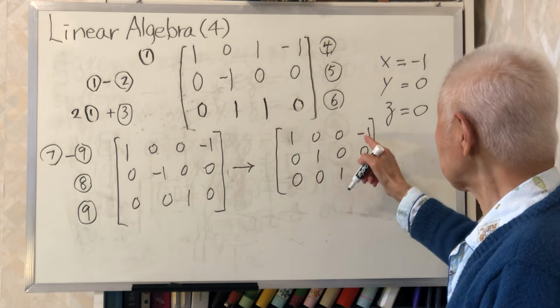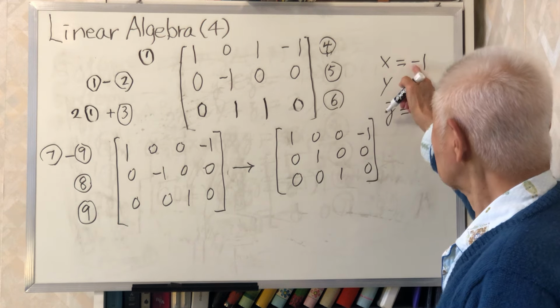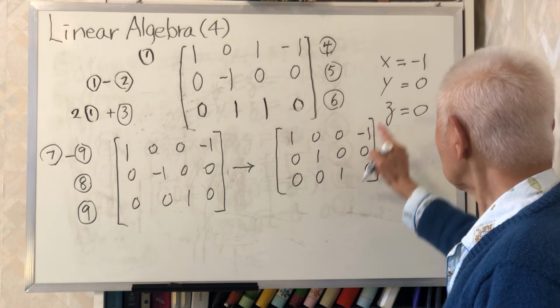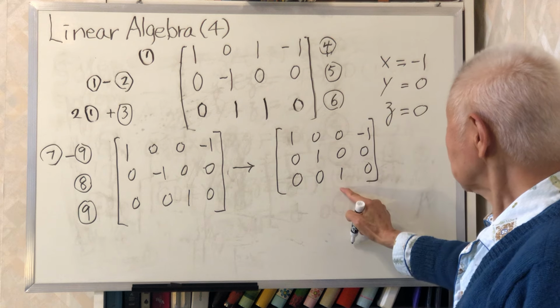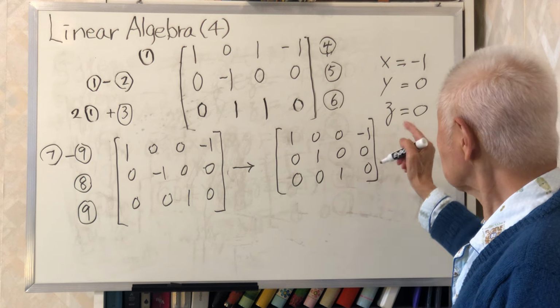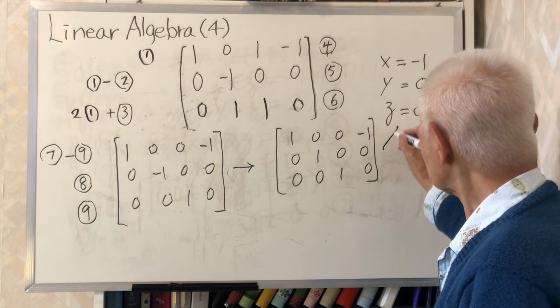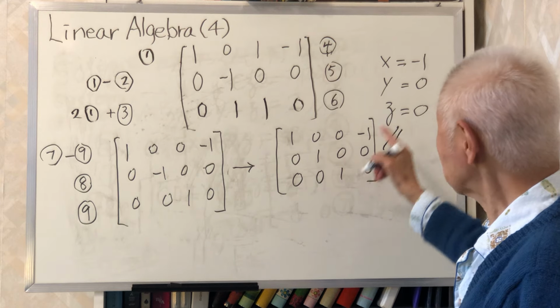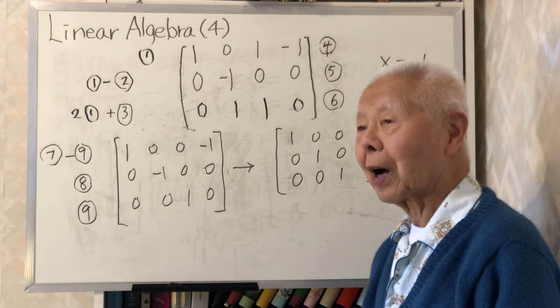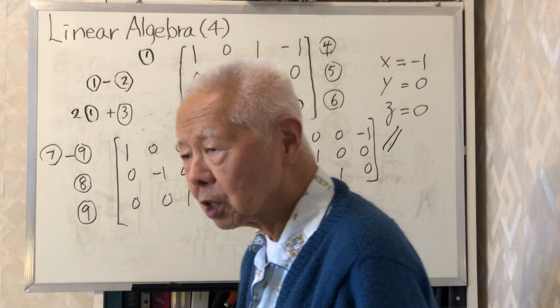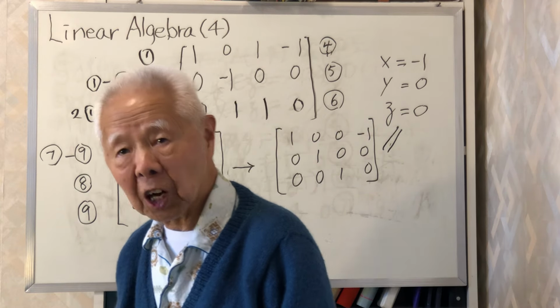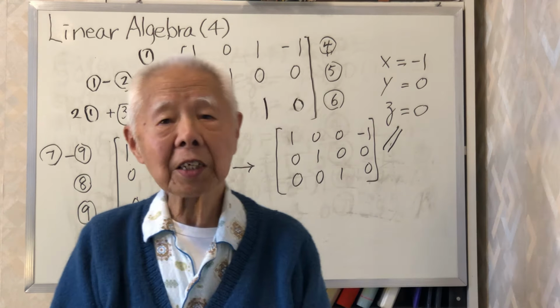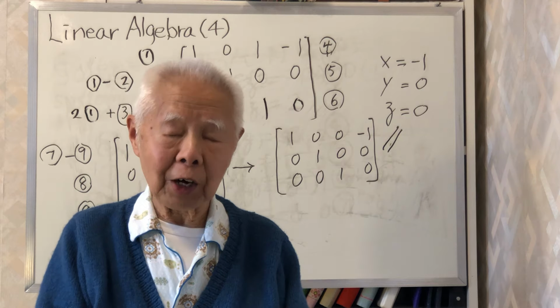X is negative 1 here. Y is 0. Z is 0. So yeah, this is the same as that. So I can use a matrix to find my answer. I can also use algebra to find my answer.